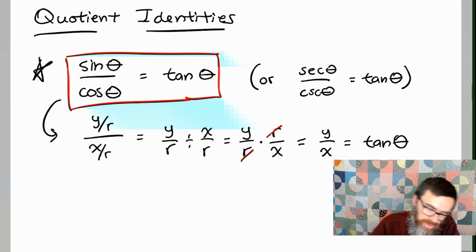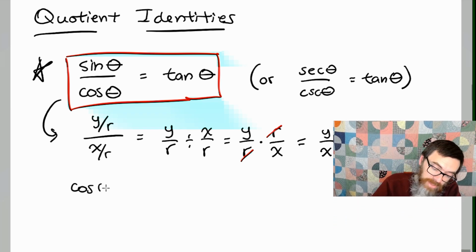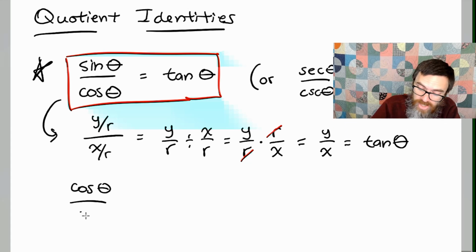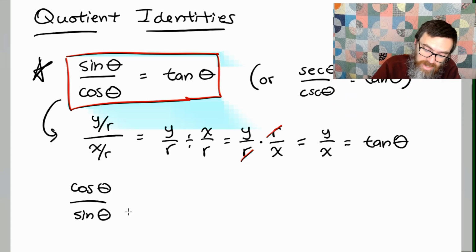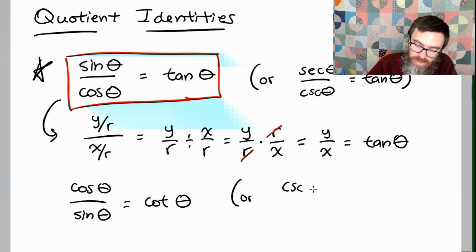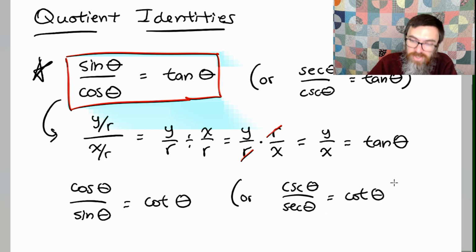So we'd also talk about the flip of this through the reciprocal. If I do, instead of sine over cosine, cosine over sine, that's going to give me cotangent. Or if you want to be super crazy, we can do cosecant over secant.